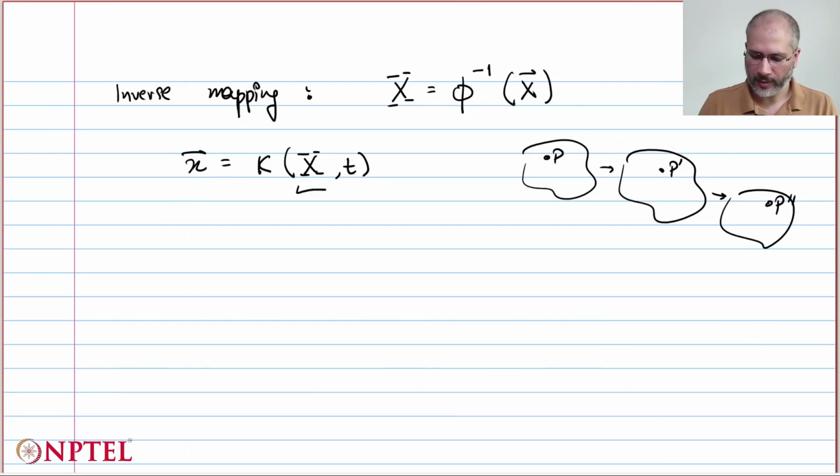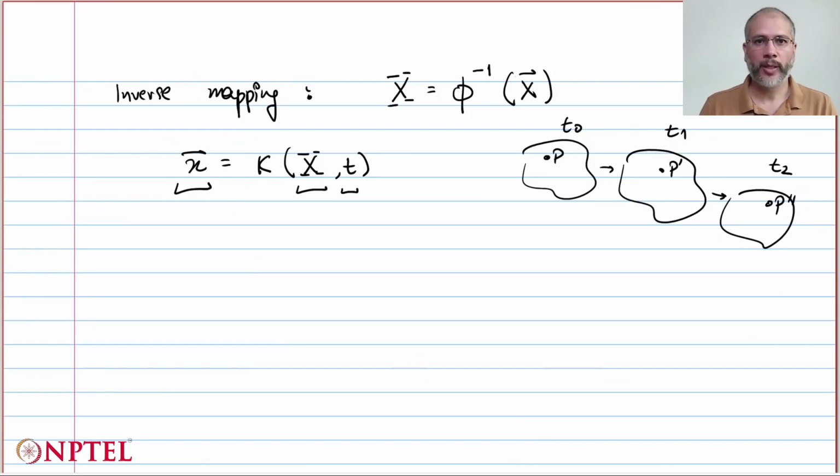So if I specify the ID of the particle and the time, so this is T0, T1, T2 and so on, it will give me the spatial location of the particle at that time.